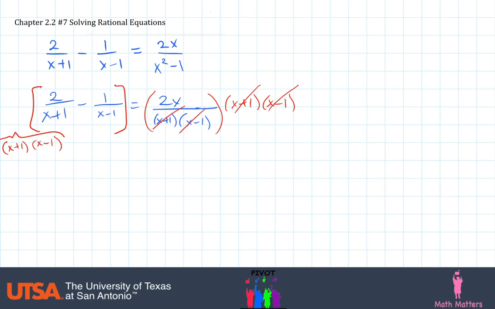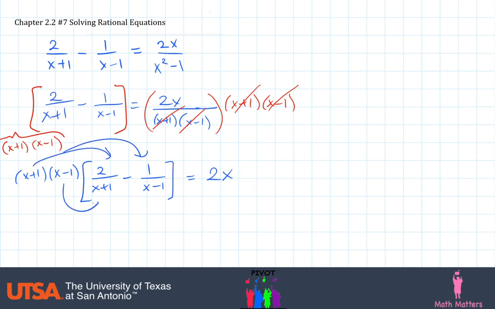So let's rewrite this equation. x plus 1 times x minus 1 times 2 over x plus 1 minus 1 over x minus 1 is all equal to 2x. Now we're going to distribute both of these to each part of the left side.